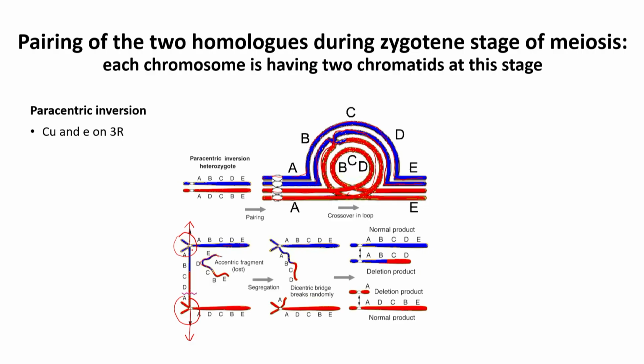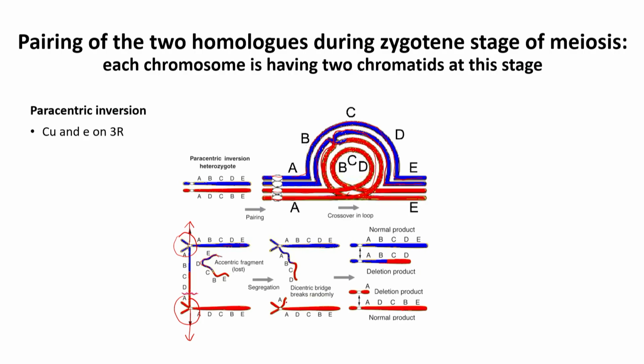When such pulling is there, there will be a breakage somewhere. There will be no breakage here, there will not be any breakage here, there will be a breakage here. In this, it is being shown: A, B, C, D, E is here. This side, A, B, C, D, and then it is broken here.